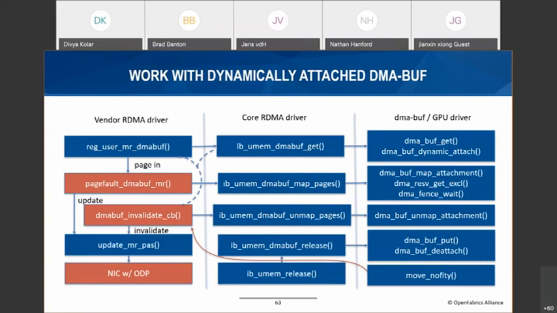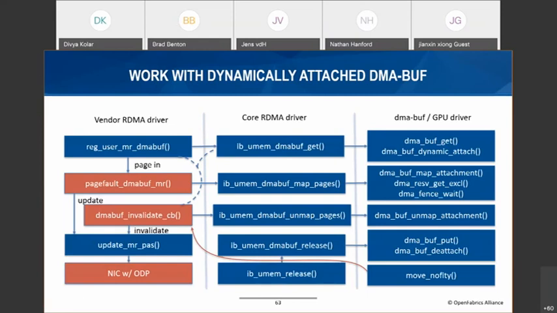This is to optimize, so in most cases, when the RDMA operation starts, the page is already there. The information is already there, so it can do the DMA directly instead of paging the pages one by one. So this is the performance optimization. The vendor driver also needs to define this invalidation callback.